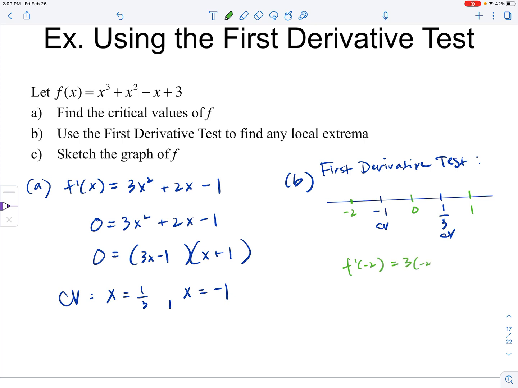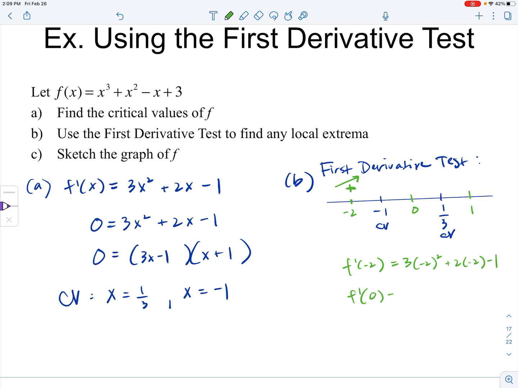So f prime of -2, plugging that value into the derivative, that would be 3 times 4, so 12 minus 4 minus 1. That's going to be a positive value. You don't have to actually find the slope of the tangent line. You just want to know what the sign would be.